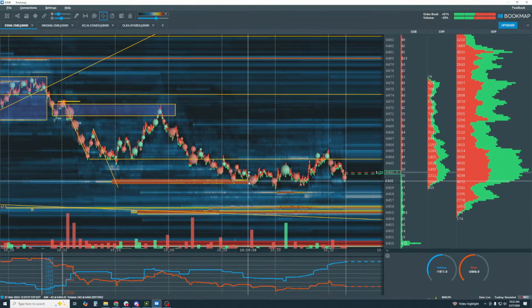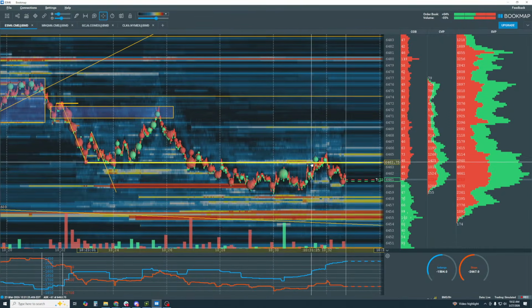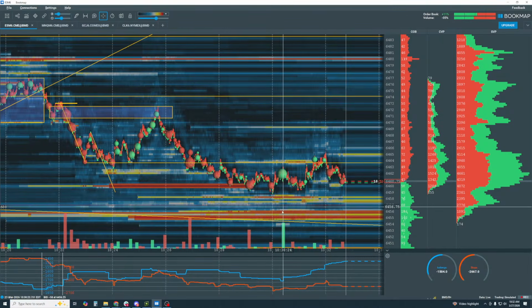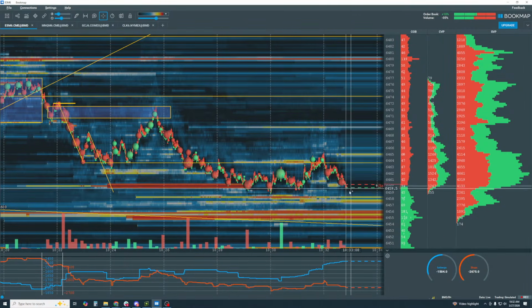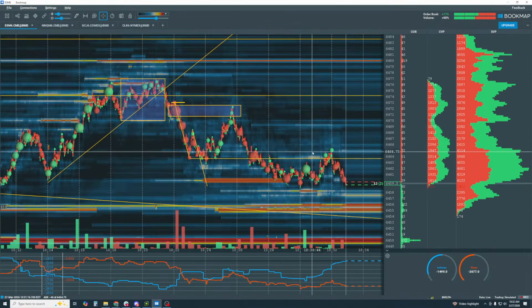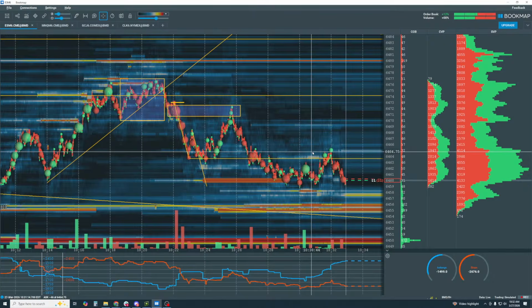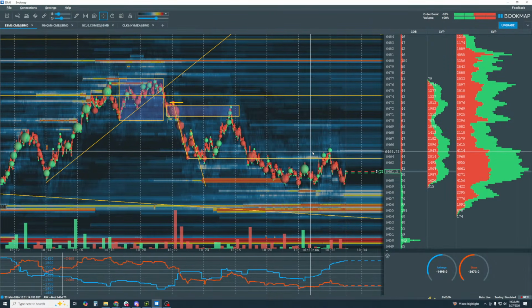Okay, so 60 did transact. We see a little reaction off of that, a little bit of buying. I'd look for a continuation here, back down into 55, and maybe 50 here, but we'll see, right?